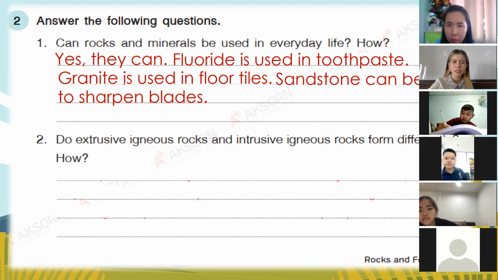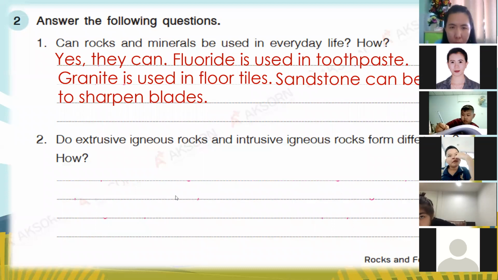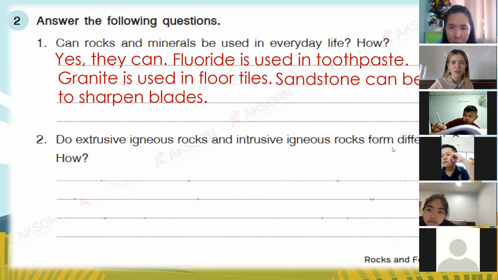Do extrusive igneous rocks and intrusive igneous rocks form differently? Okay, very good.